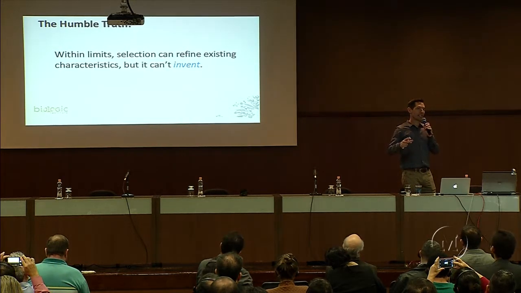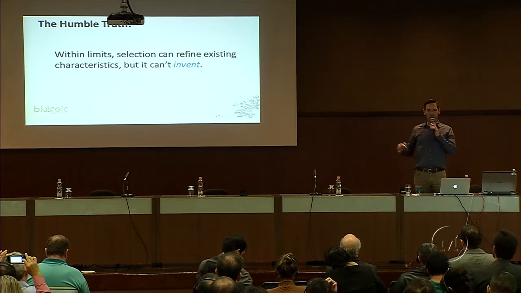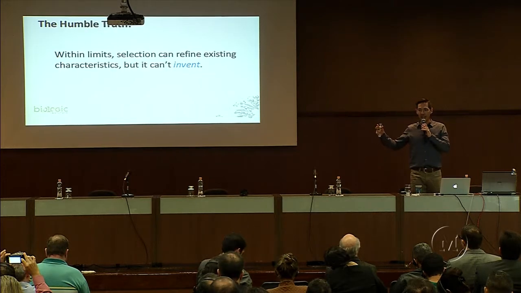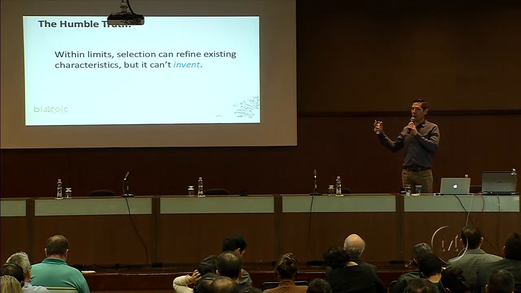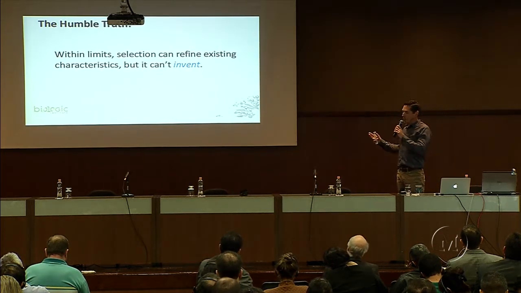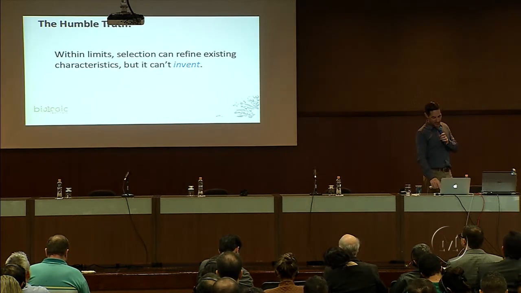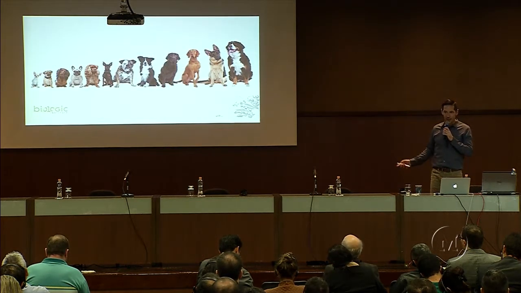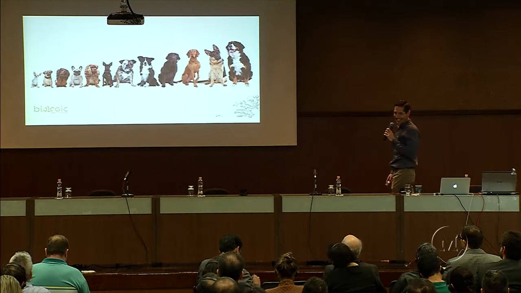It can take existing structures, whether it's a protein structure or even an organismal structure, and it can do slight modifications of what is already there, but it will never come up with something new altogether. This is very much along the lines of what Mike said. In fact, I have a slide that's similar to one of Mike's.